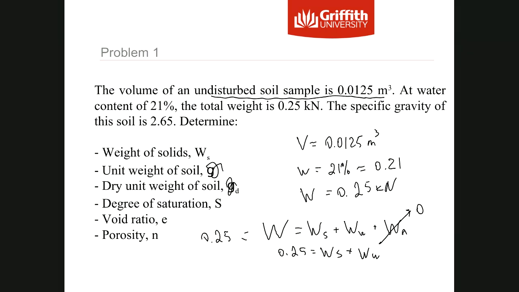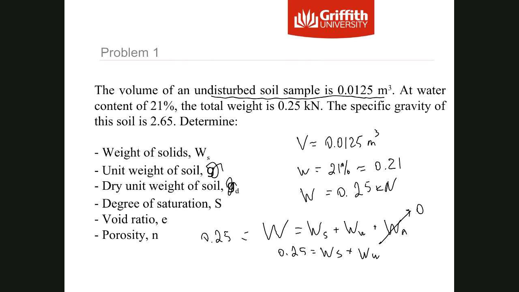Density, mass of water, mass of... no, density has mass, but it also has volume. Just only mass of water and... okay, yeah, water content, that's correct. So density will be a little bit different, but water content, yes.